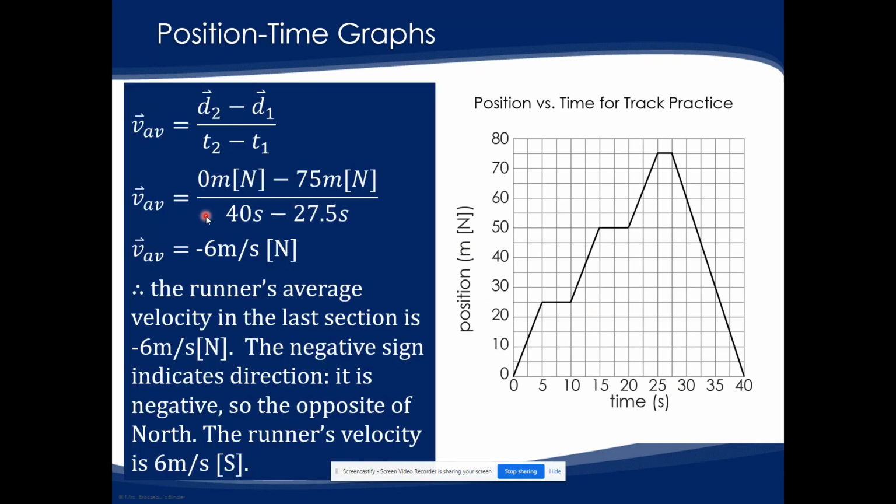And when I calculate that out, I'm going to get a negative meters per second. And all that we're saying with that negative sign is that our direction is not going away from us, but it's coming back. So instead of them actually still running north, which is what our position graph says, we're actually at that point flipping it to saying, okay, so it's a positive 6 meters per second south. So that negative sign just flips our direction.